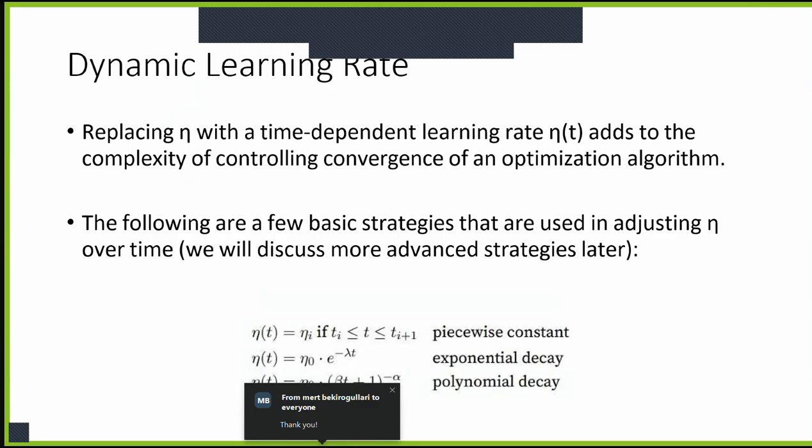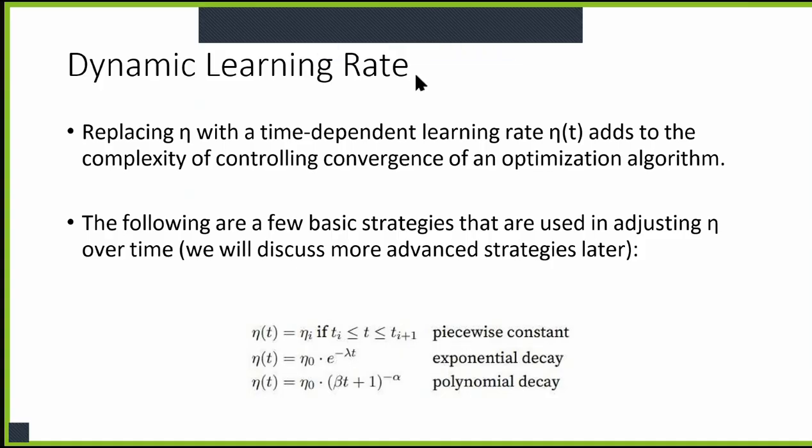In the previous lectures, the learning rate that you might have learned was a static learning rate, meaning there's one fixed learning rate applied throughout the entire course of the training. But the learning rate could also be dynamic, which then becomes a function of time.